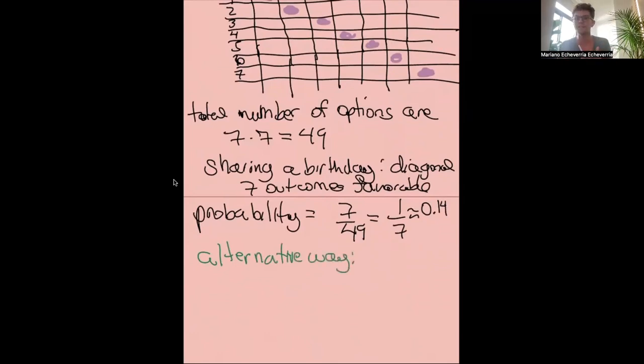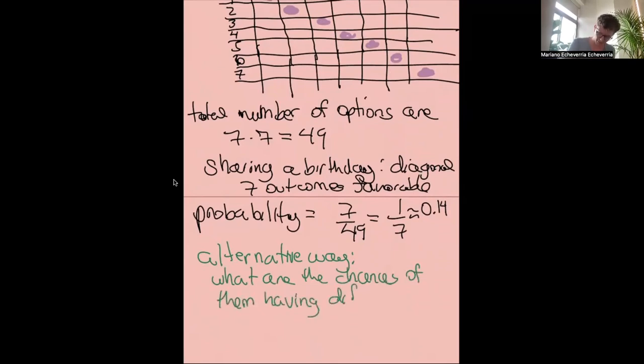Let's find first the chances that these 2 friends have different birthdays. Having different birthdays is the opposite condition of having the same birthday, right?